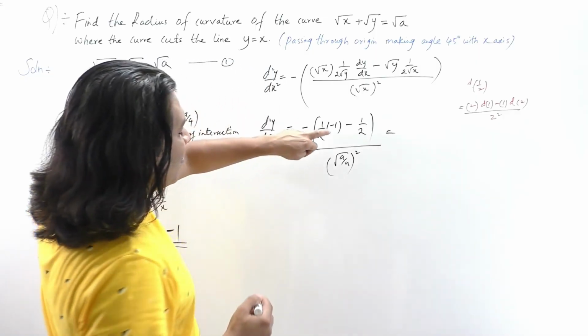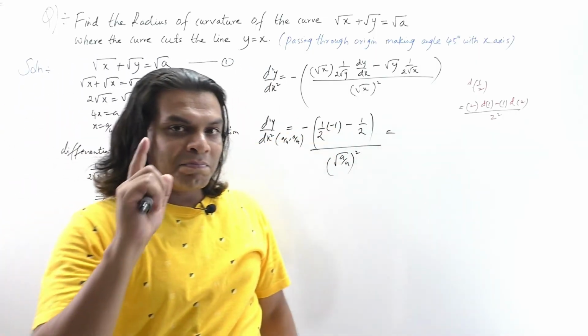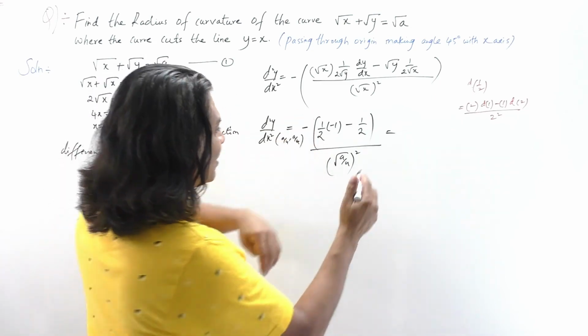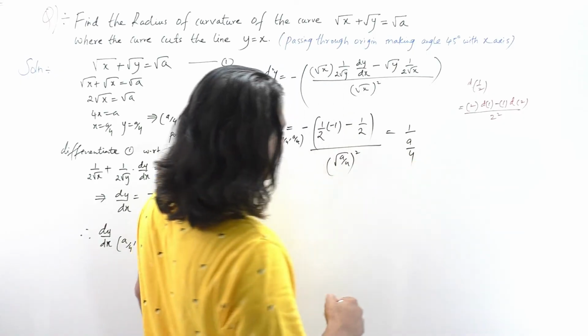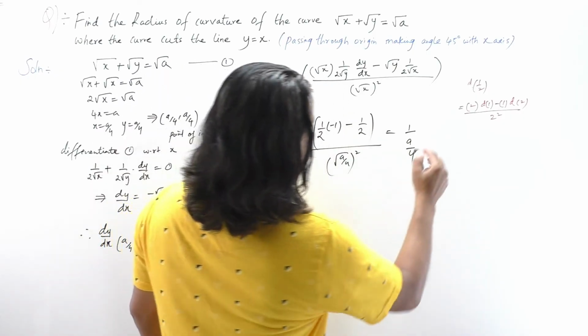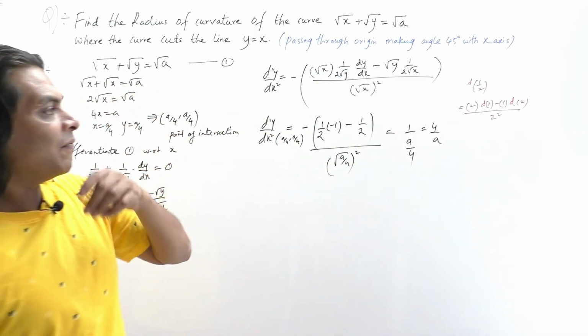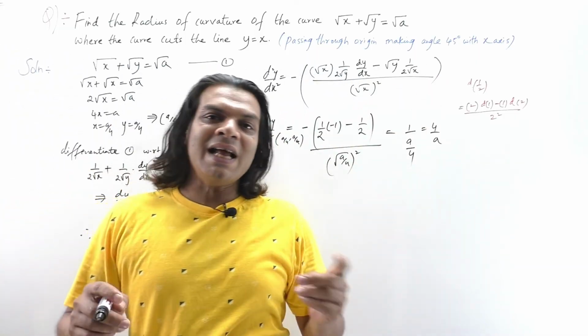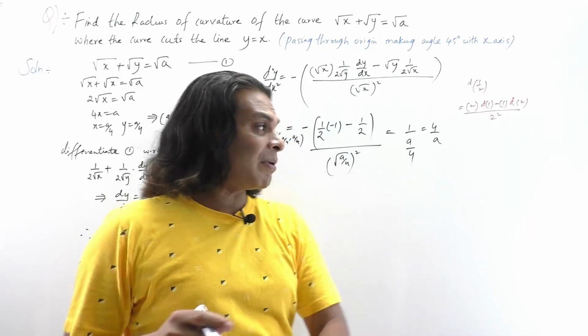That becomes minus 1 by 2, minus 1 by 2 times minus 1, so minus minus plus 1. So, 1 upon a by 4, that is nothing but 4 by a. Therefore, we have found both dy by dx and d square y by dx square at the point a by 4, a by 4.